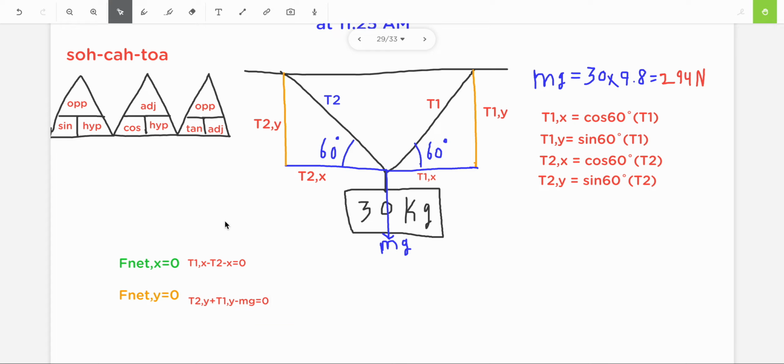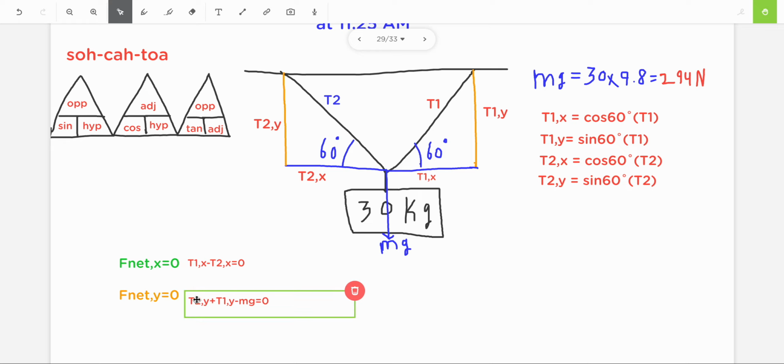Okay, first question, why is the T2 minus? That's because T2 is pointing to the left side and T1 is going to the right side, so T1 will be positive and T2 will be negative as shown here.